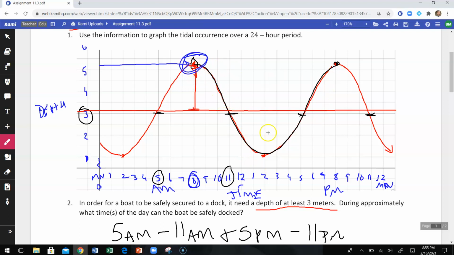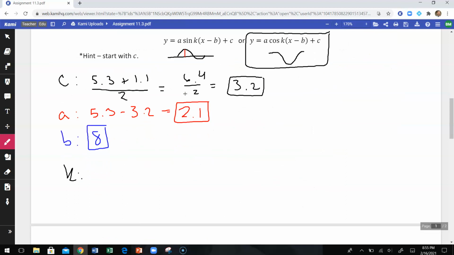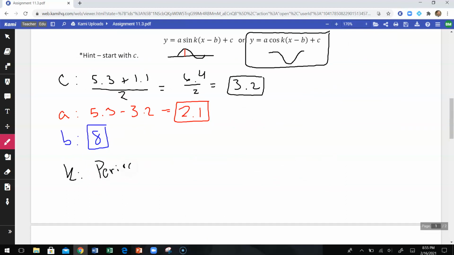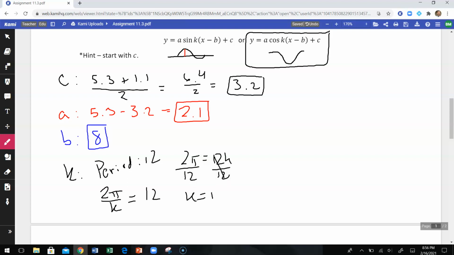In 12 hours, we're going to repeat the exact same values again. If the period is 12, then 2 pi divided by k equals the period, which is 12. To figure out k, I solve this equation. If I multiply the k over, 2 pi equals 12k, and then I divide by 12, which means that k is pi over 6.